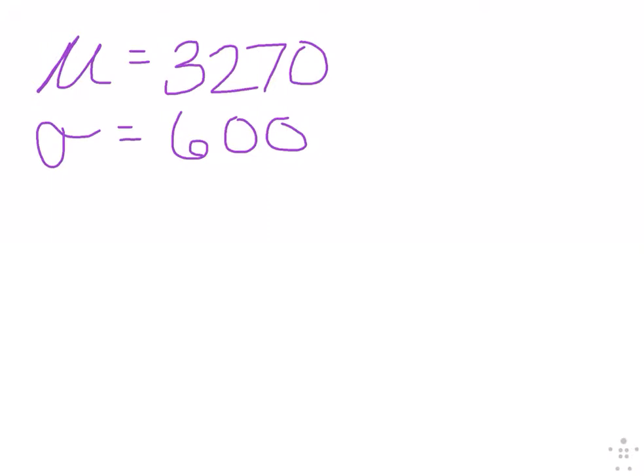Okay, so this is the trick with this one as compared to yesterday's. If I gave you this problem yesterday, we could put 3,270 in the middle, add 600, add 600, add 600, or subtract 600, subtract, subtract, and those numbers would be on my number line. They're not today. So again, we're going to use that z-score formula. The number that you're looking for weighs 4,170 or less.